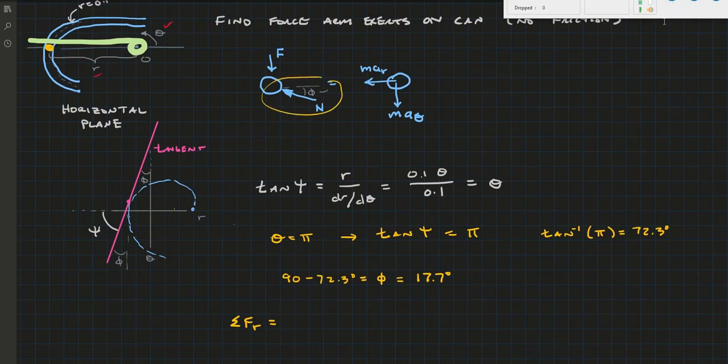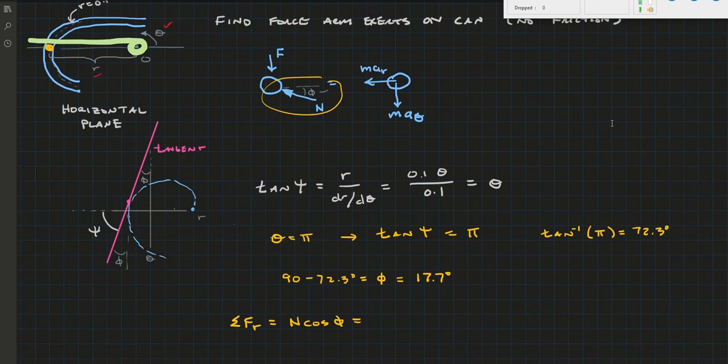So we look at this situation here. We can sum forces in the r direction, and we see that N times the adjacent over cosine of φ equals our mass. Notice, since there is no weight in this problem, because this is a horizontal plane, it does not come into play.